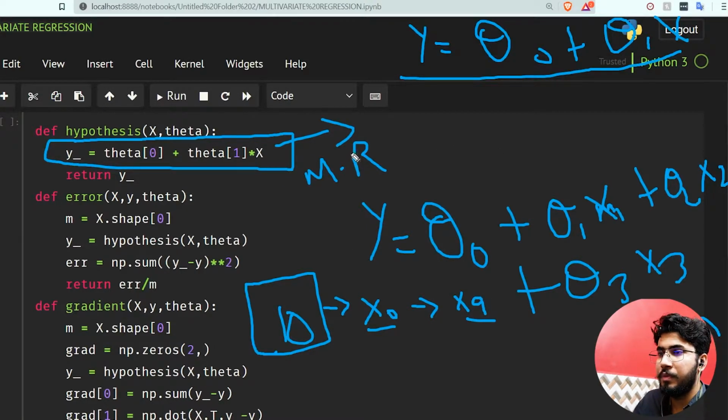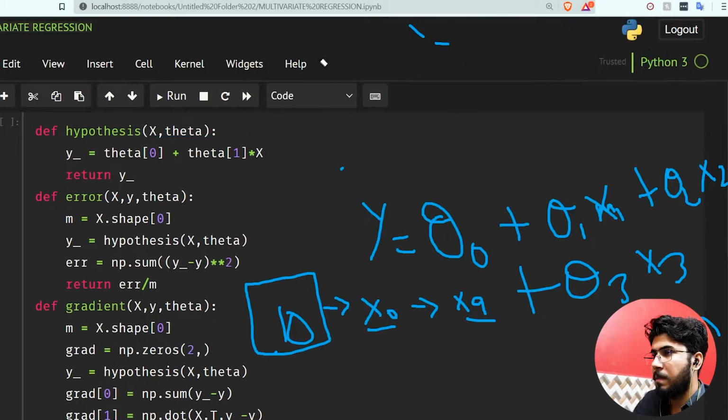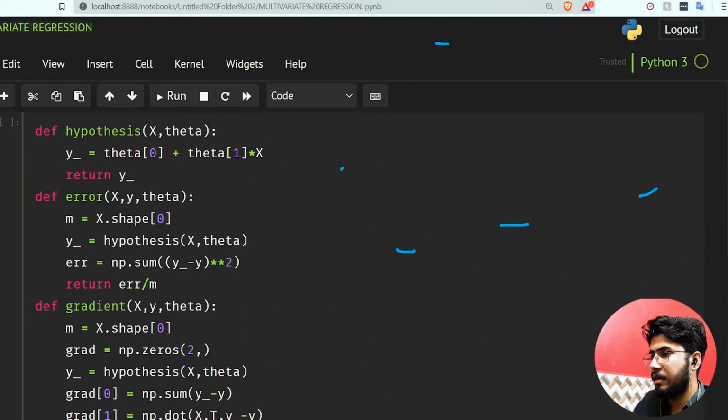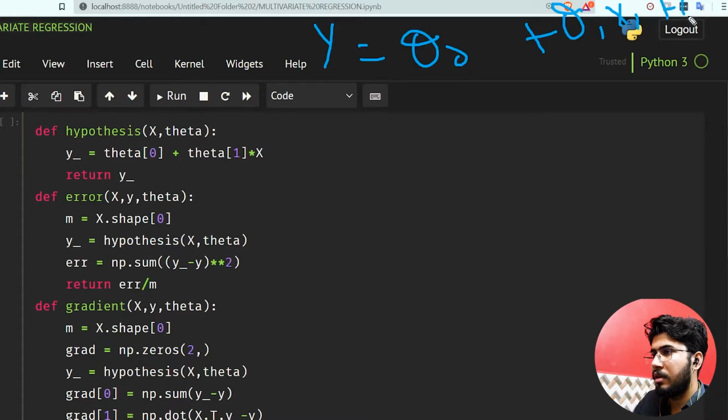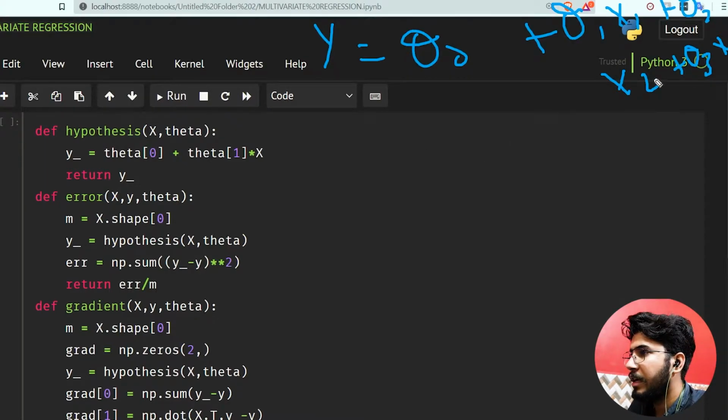So what I'm going to do, let me just rub it out and explain. Okay, so this is our code: y is equal to theta 0 plus theta 1 x1 plus theta 2 x2 plus theta 3 x3. What we can do is basically multiply them together.